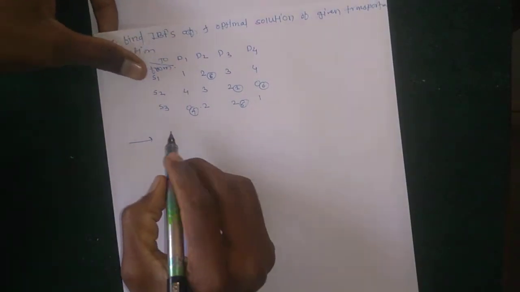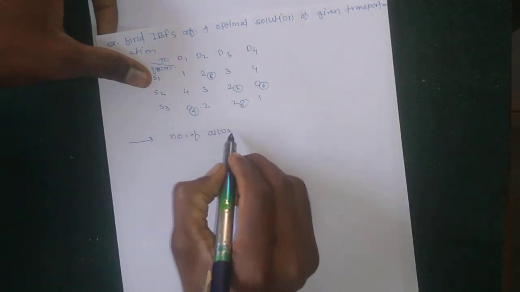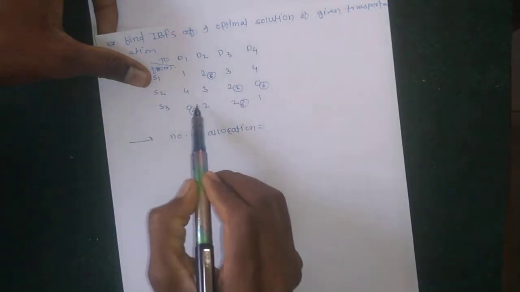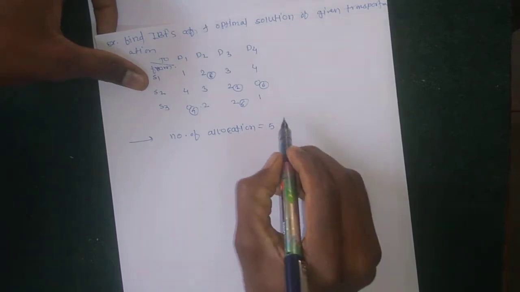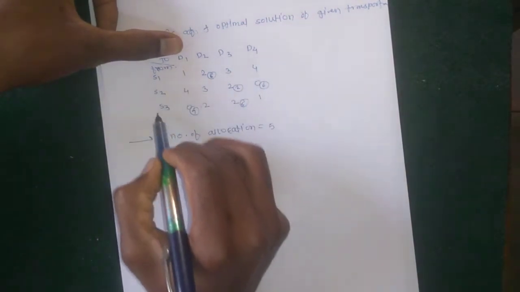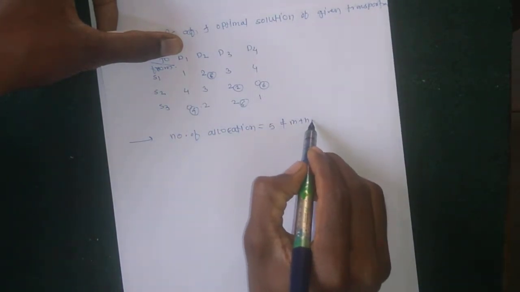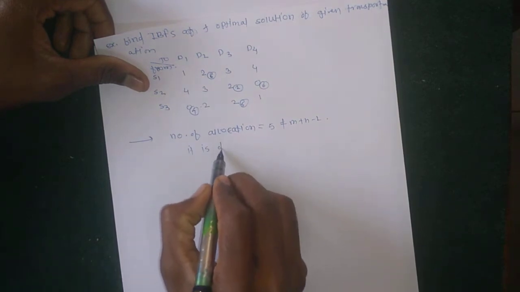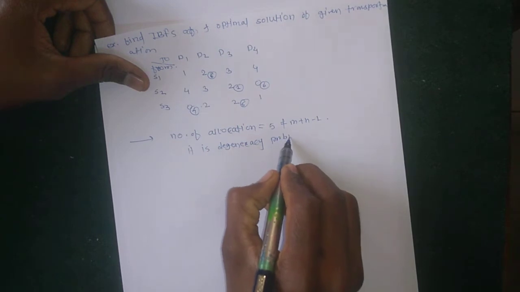Here the number of allocations is 5, and the number of rows plus columns minus 1 is 7 minus 1, which is 6. So the number of allocations is not equal to m plus n minus 1, that is, the given problem is a degeneracy problem.